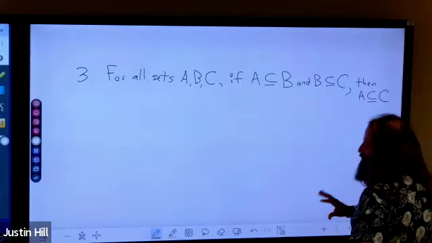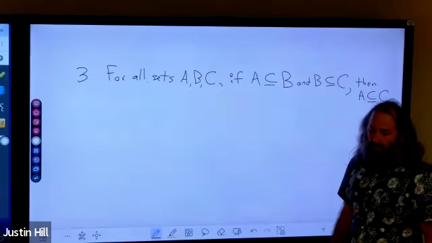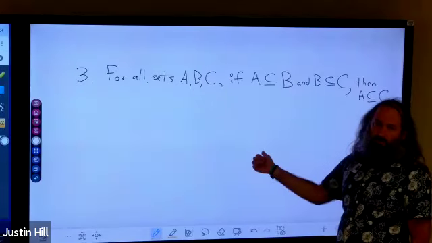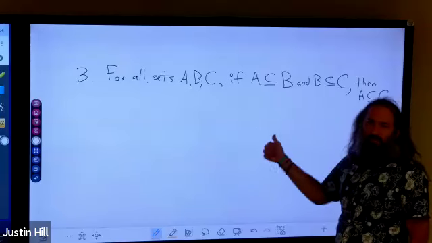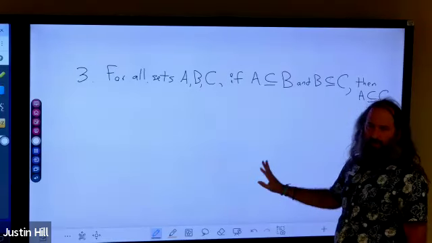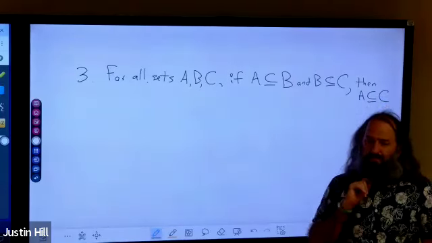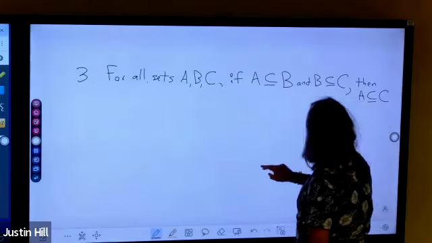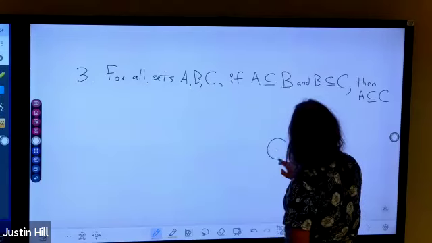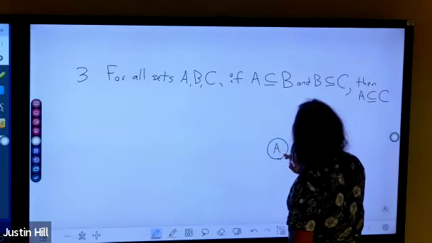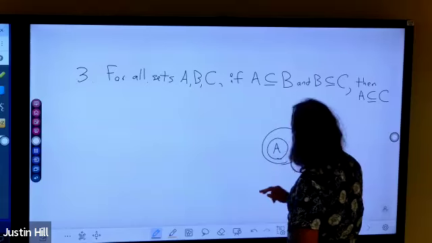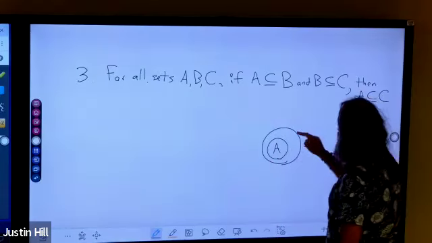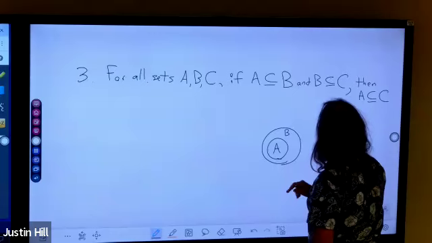And we talked about in the last section that you could draw out a Venn diagram to make sense of it. It didn't prove anything, but it made sense of some of the stuff we were looking at. This even makes sense in a Venn diagram, because I have A, and A is a subset of B, so B is either the same size circle or maybe a slightly bigger circle.